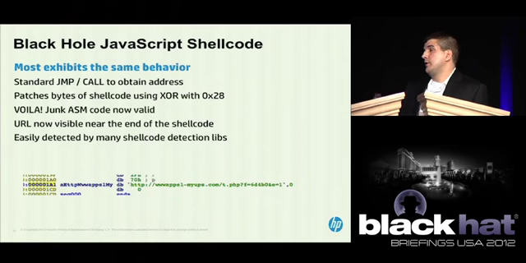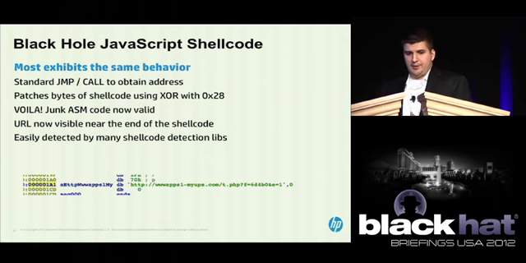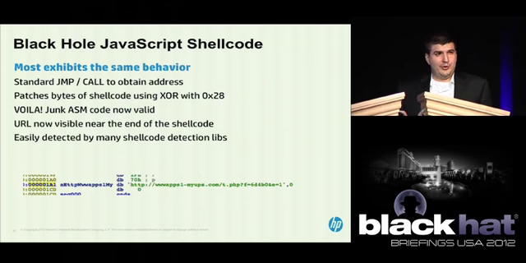They also have all their JavaScript shellcode that, once you deobfuscate it, you can easily find. They don't make an attempt to hide it, and a lot of it exhibits the same behavior. It's very easily detectable. You see the standard jump call patterns that you see in shellcode. They try to do a little bit of obfuscation where you load it up and you don't see anything that looks decent.